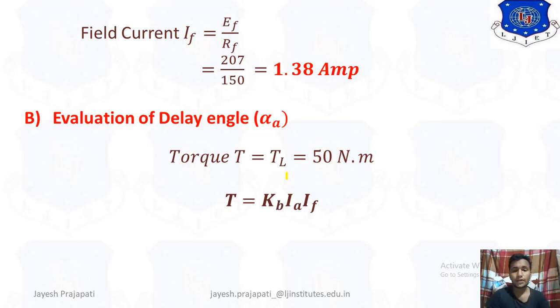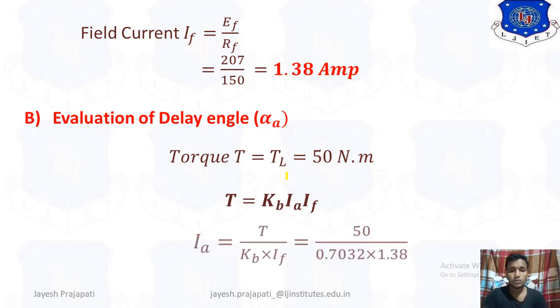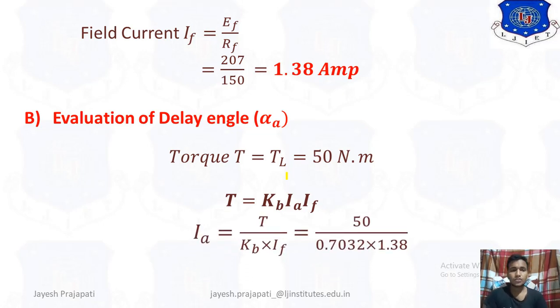Now the armature current IA is equal to torque divided by KB into IF. So torque 50, KB 0.7032, and the field current that we solved in section A is 1.38. So the armature current is equal to 51.5 ampere.